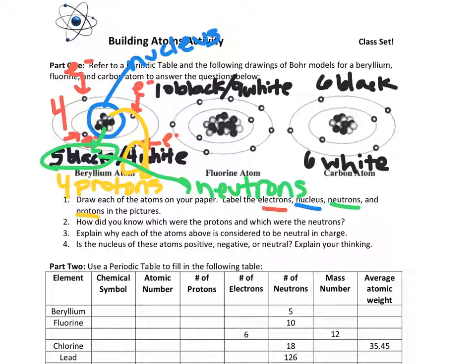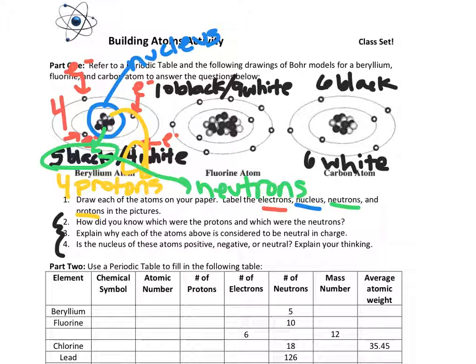After you do that, you've got questions 2, 3, and 4 to answer in your notebook as well. We kind of gave some of those clues away as we were talking about the structure of the atom. So answer those questions, and then you should have gotten or will be given a little white sheet with the data table on it.